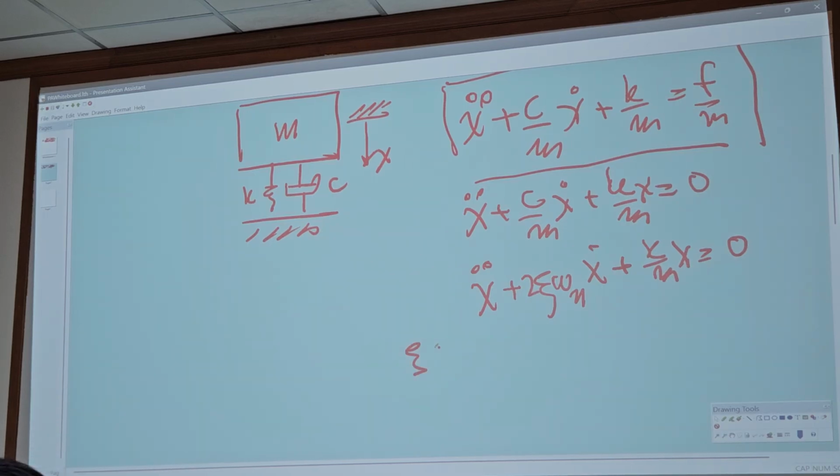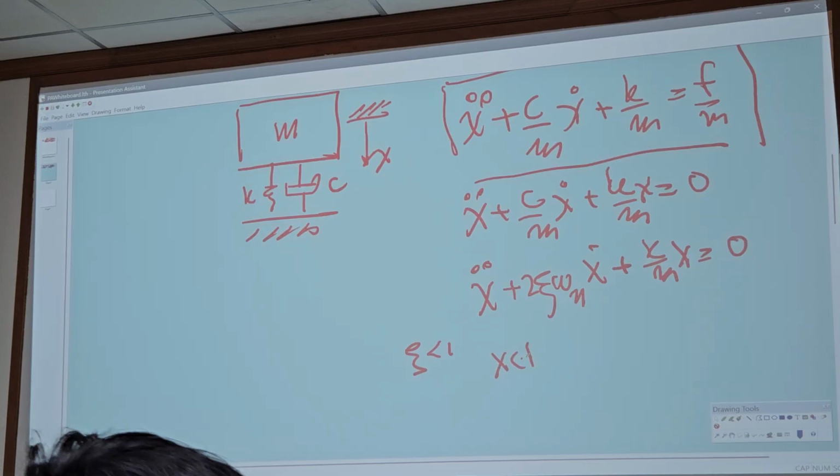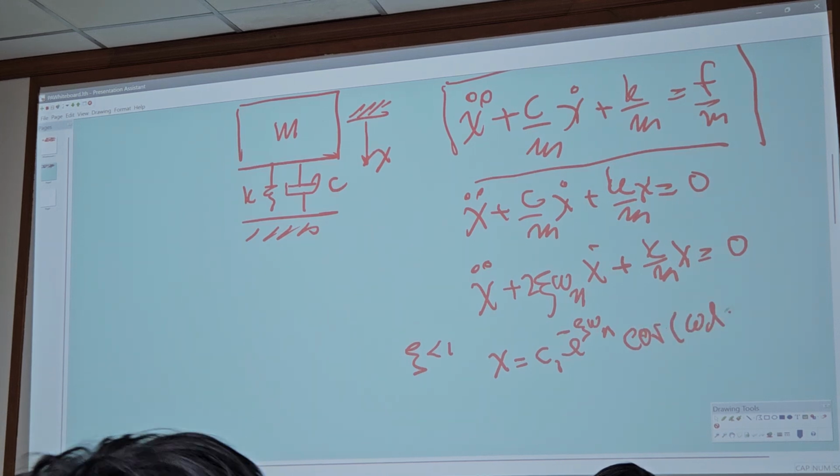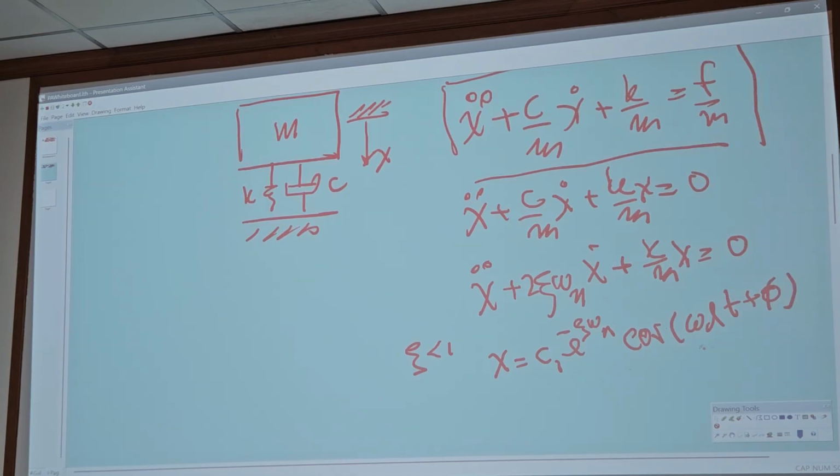If this one is less than 1, your solution will be this one, right? X equals C1 e to the something, omega d, this one.